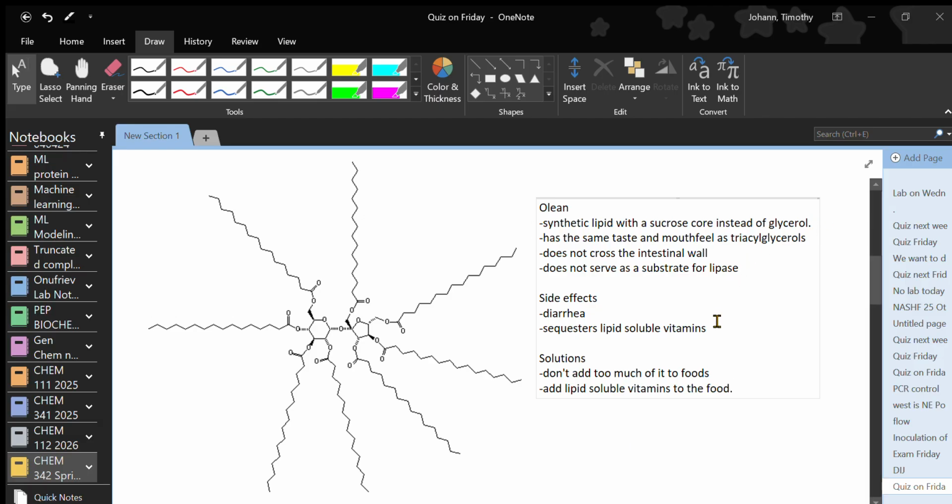Our lipid soluble vitamins, if you remember, are E, K, D, and A. So this is an interesting attempt by industry to come up with something to make things low-cal but still taste great. Not entirely successful.